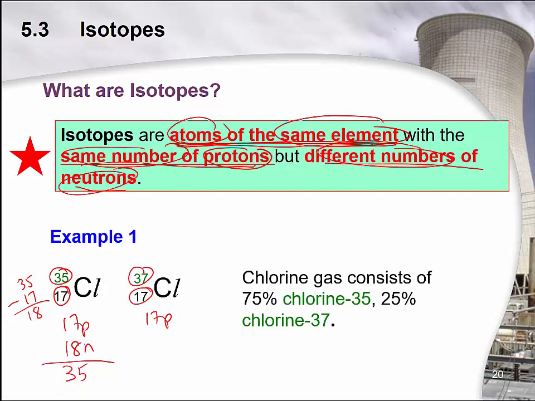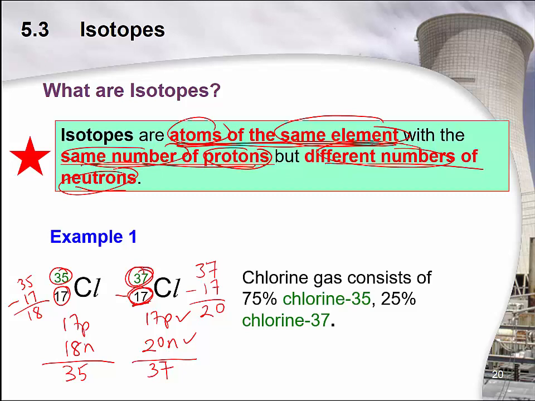Now for this 37/17, you take 37 minus 17, you realize there are 20. So 20 belongs to the neutron. So there are 17 protons based on the proton number. And you take the mass number minus the proton number, you get the number of neutrons. So in fact, they all add together must give back the mass number 37. So these two are isotopes of chlorine.